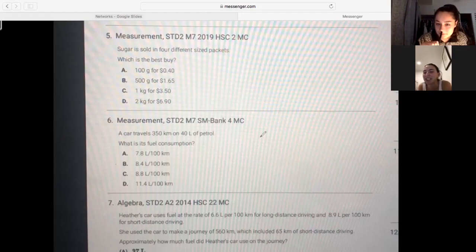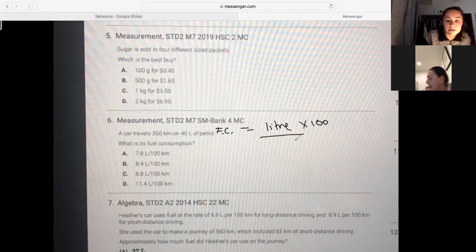I did 40 divided by 350. Really? Yeah. Oh, and then times 100? Yeah. So that's like the fuel consumption formula, I'll just write it up, equals the liters of fuel times 100 divided by the distance.